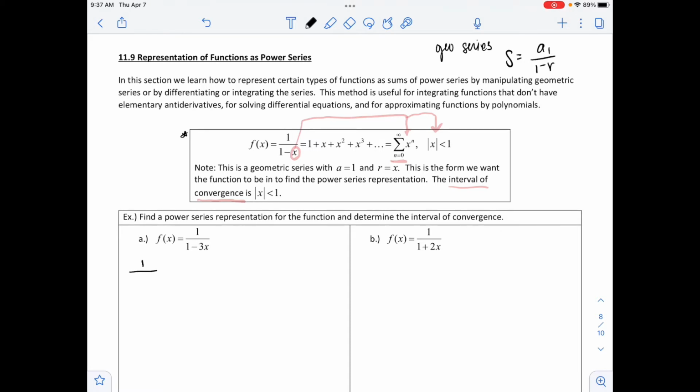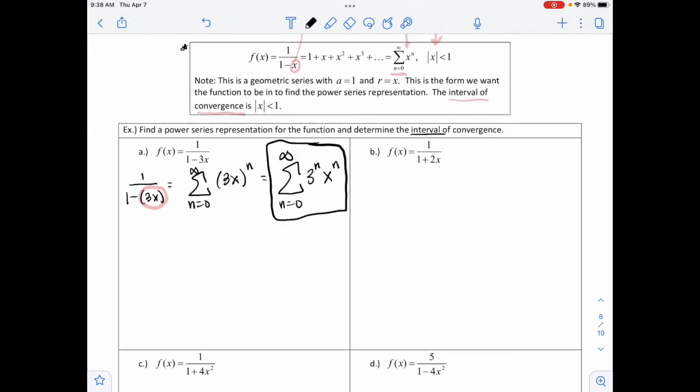So this 1 over 1 minus 3x can be rewritten as the sum from n equals 0 to infinity of, and that value that we have in place of our x is a 3x, so it's going to be 3x to the nth power. And this could also be rewritten as the sum from n equals 0 to infinity of 3 to the n, x to the n. And so this would be what we would have for our power series representation.